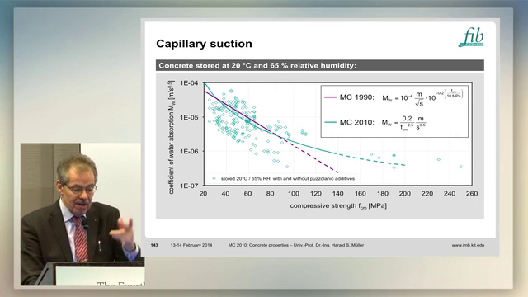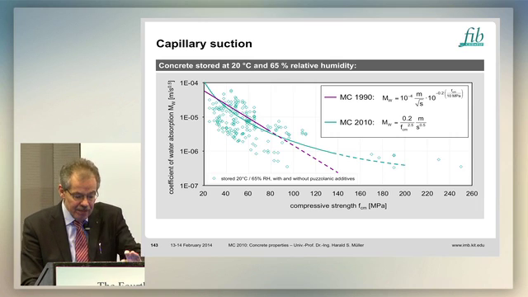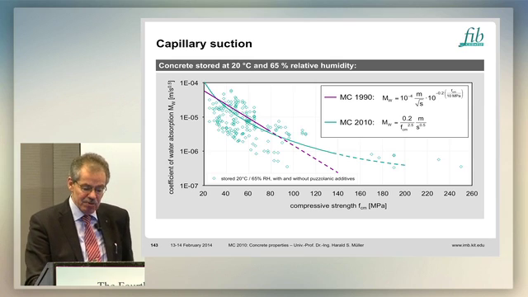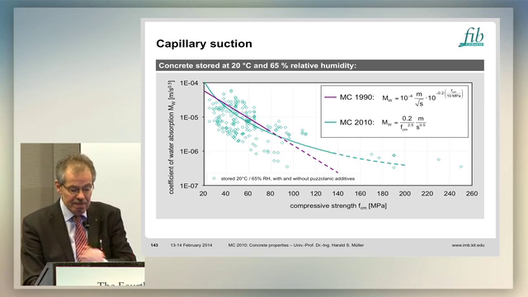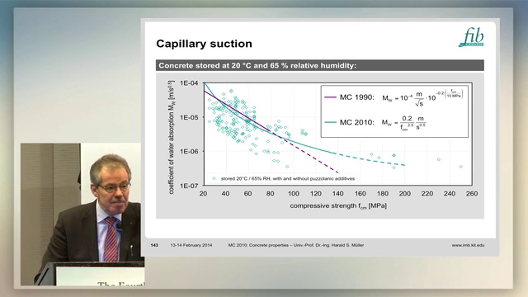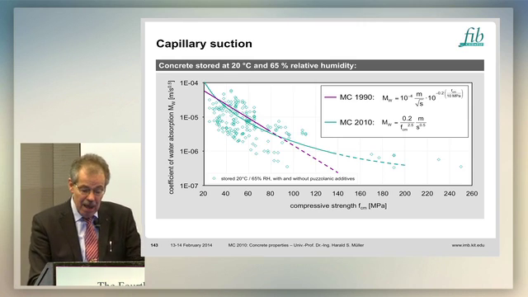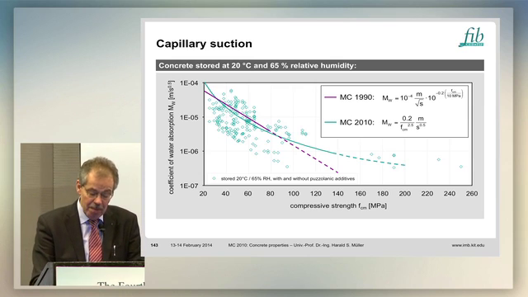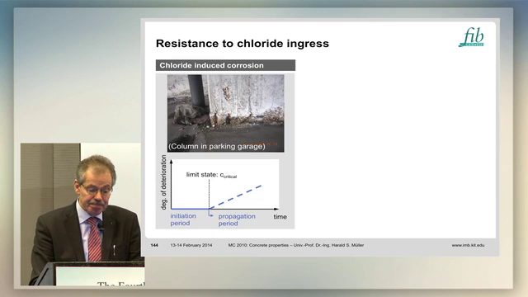Well, and also for capillary suction, we have a large scatter band if you plot the coefficient of water absorption over the compressive strength, but you find these relations in the new Model Code, allowing the engineer to estimate how the capillary suction depends on the compressive strength.